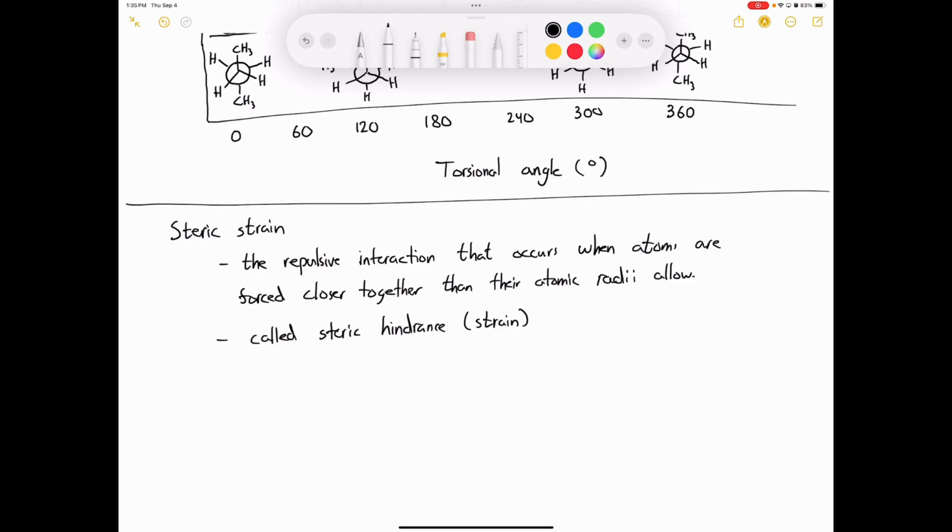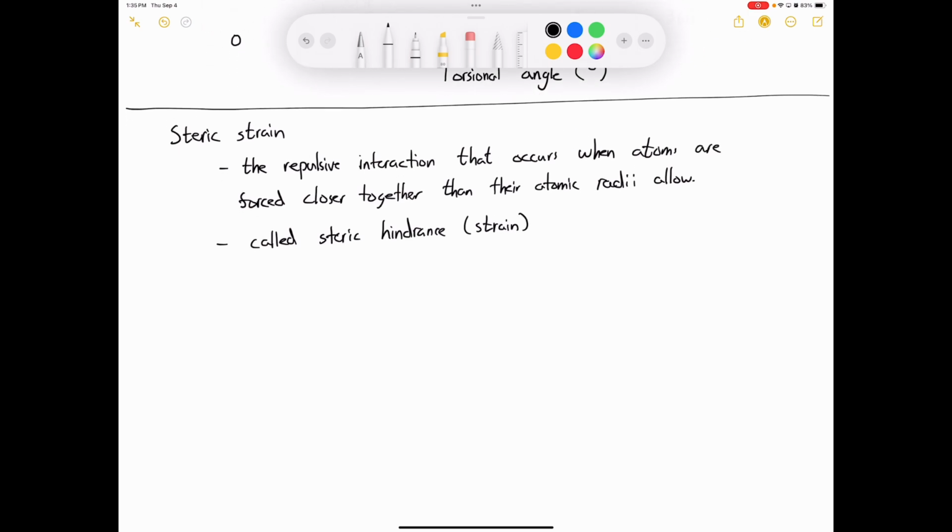Let's go through all the conformers we just saw in the previous graph, name the conformers, rank their stability, and list the kind of strain involved in each. We have conformers of butane.